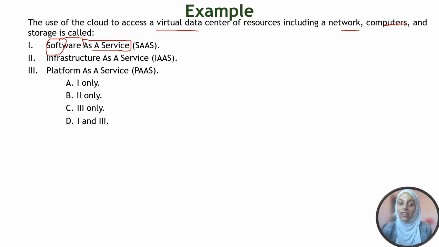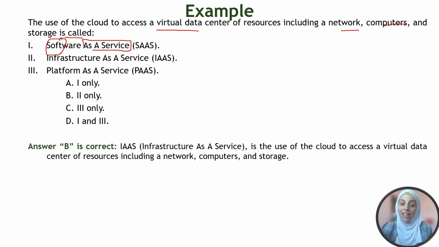When we say infrastructure as a service, that means that the provider is giving you access to the infrastructure, including the computers, the networks, the storage, right? And when we say platform as a service, that means that the service provider is giving you services to develop a platform. So the correct answer here is B, infrastructure as a service, because it is the use of the cloud to access virtual data center of resources, including network, computer, and storage.